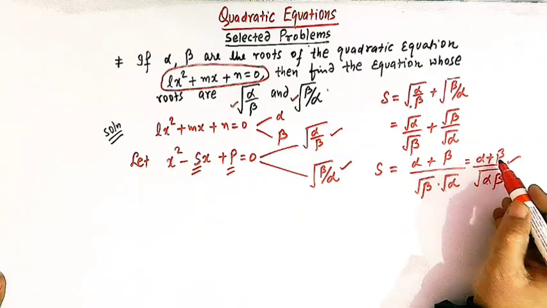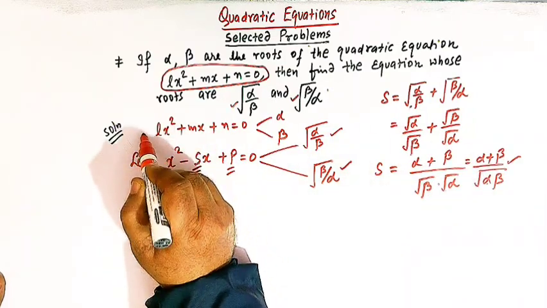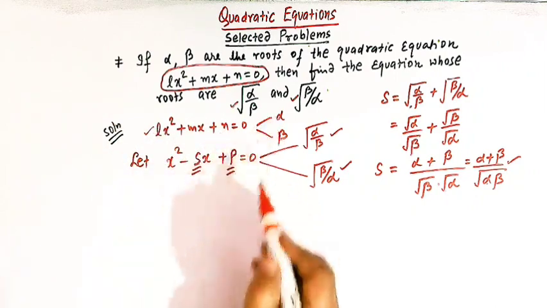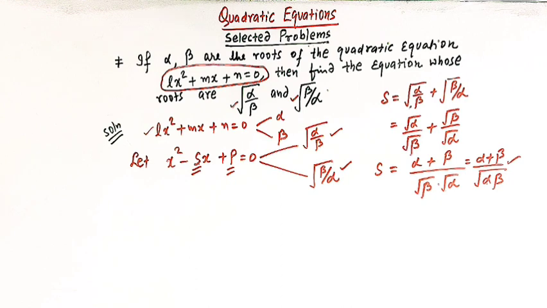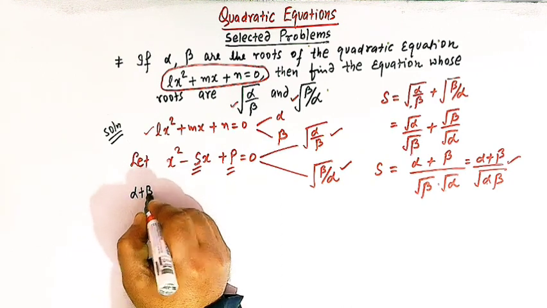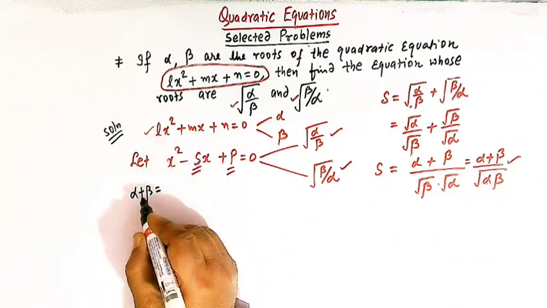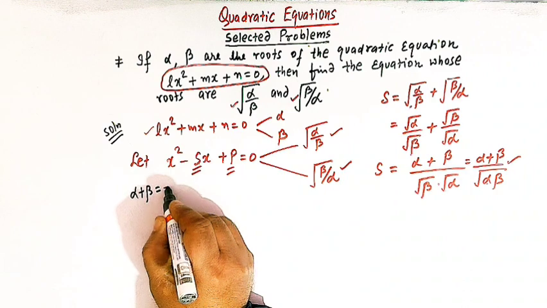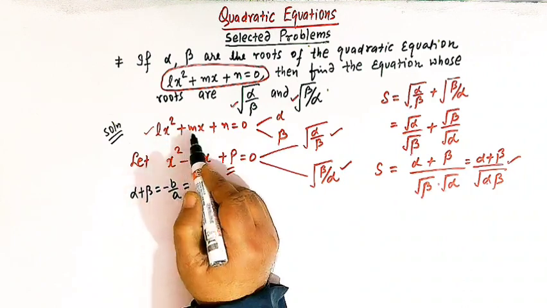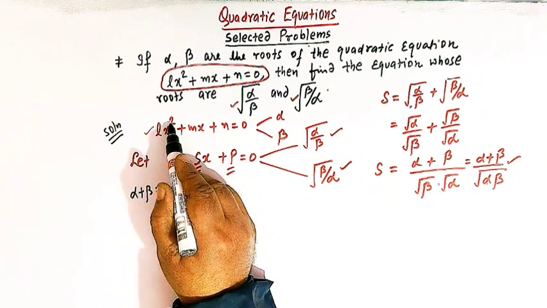Now alpha plus beta can be obtained from this quadratic equation, right? Because this quadratic equation has roots alpha and beta. So alpha plus beta is the sum of the roots, and we know that alpha plus beta is given by minus b over a, where b is the coefficient of x and a is the coefficient of x square.